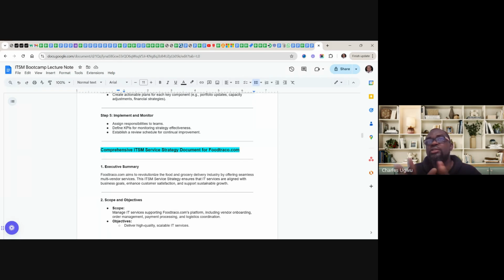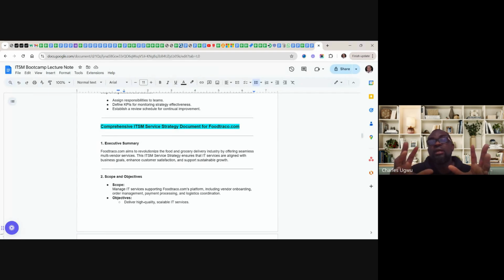Within the service design, I want us to have a wider view: from this service strategy, we are going to create a blueprint and a catalog, and then a solution to run our ITSM unit very well.